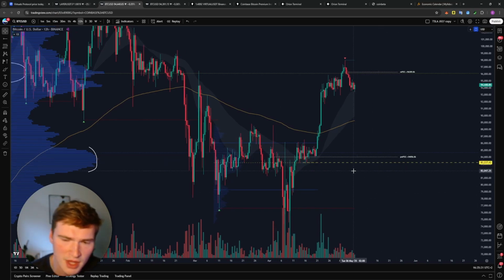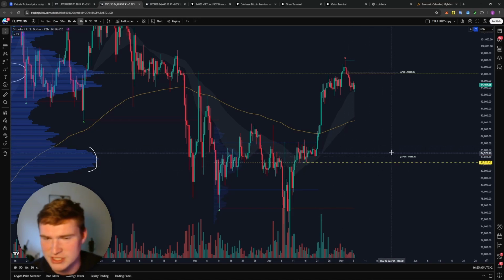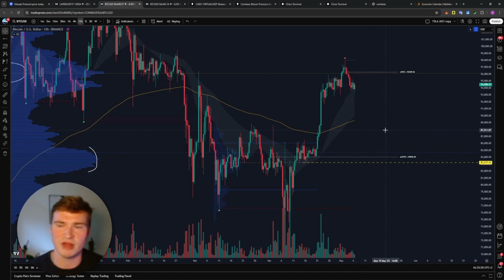Because very often the POC also signals where most of the liquidity is, right? So what are the areas where whales exit their shorts or enter longs because they want to enter with size or exit with size? It's at these POC levels, all right? So very often for that reason too, they're not only a magnet, but there's also a relatively high likelihood that we see a reaction from that and a reversal, possibly.